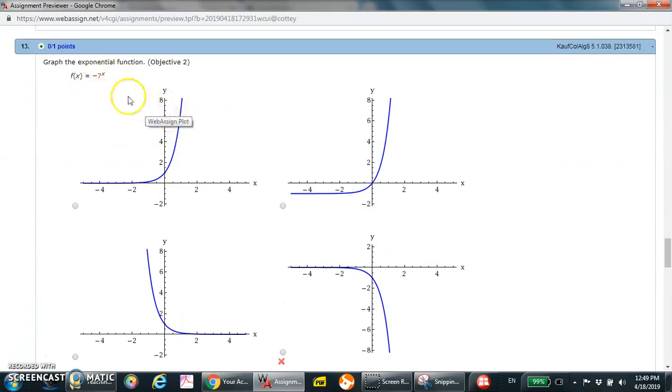And for number 13, this is another transformation. This is a reflection.